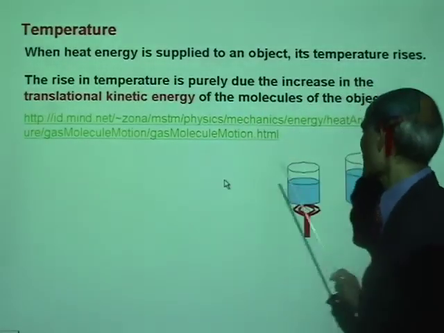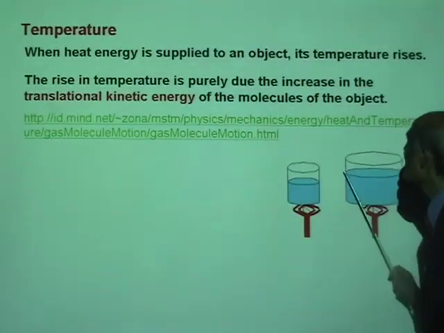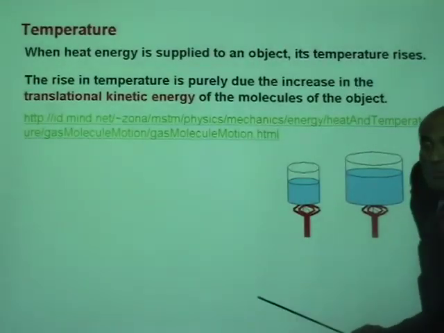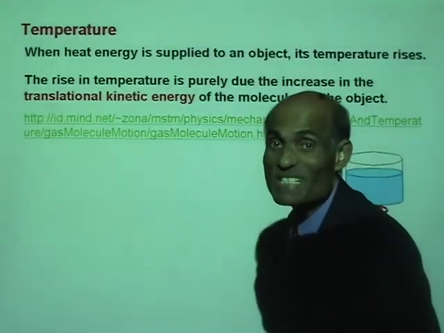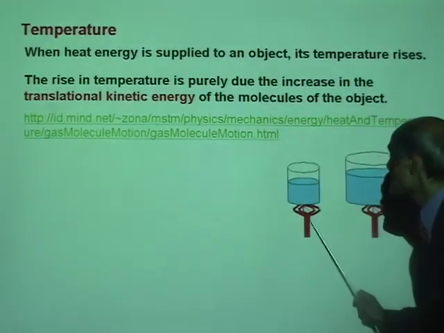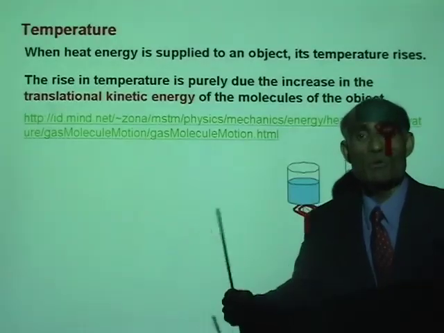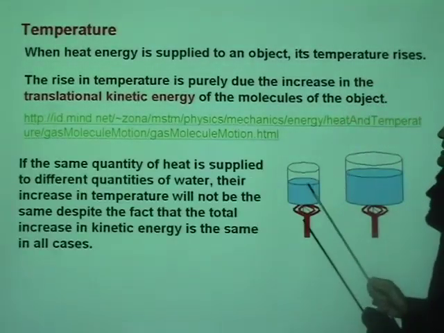Now watch this illustration. I have two beakers, one a big beaker and the other a small beaker, and I'm going to supply the same amount of heat to both. Alright?